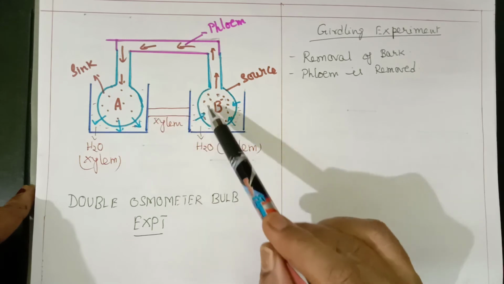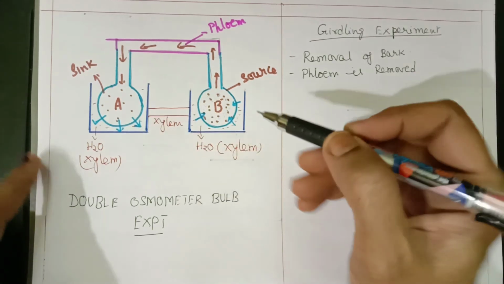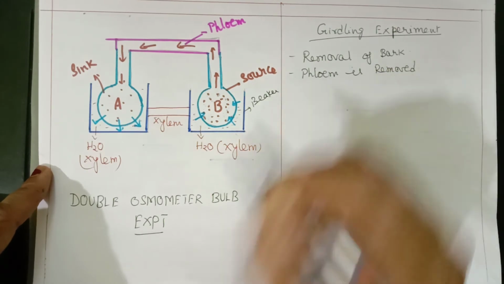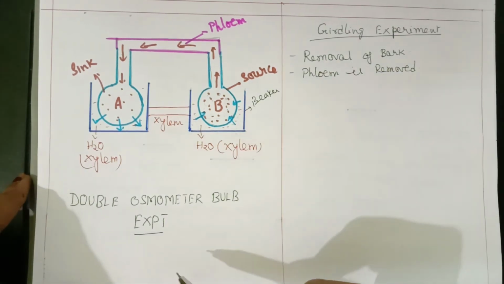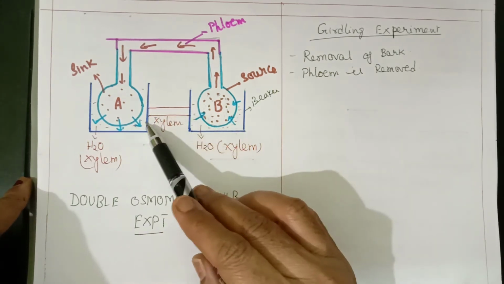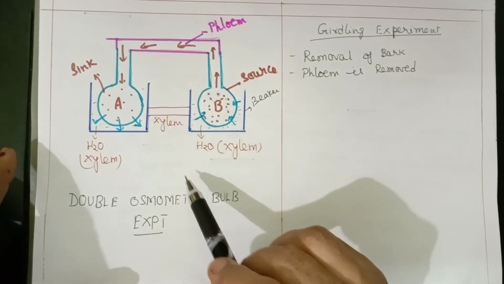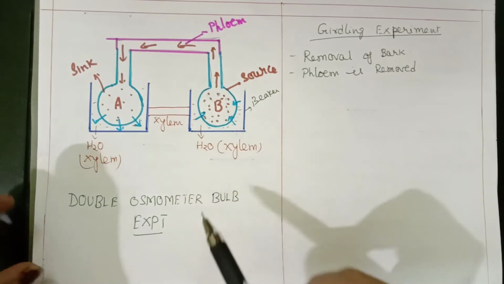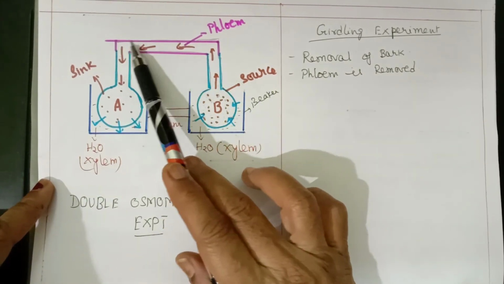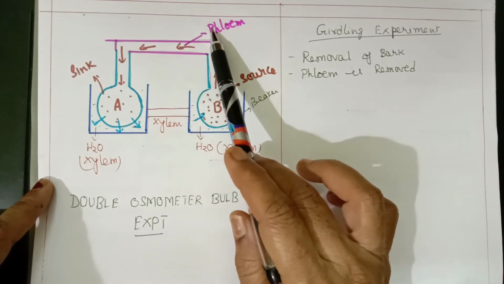These two bulbs are immersed in a trough containing water, and the two beakers are interconnected. That interconnection represents the source of water, that is xylem. Now, the two osmometer bulbs are also connected by another bent tube that is called the phloem.